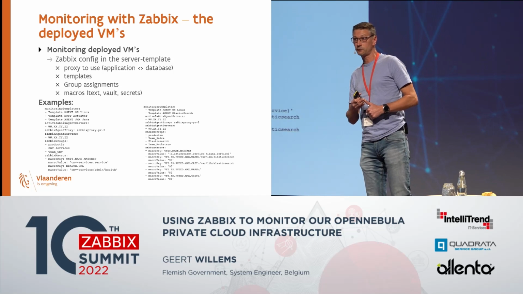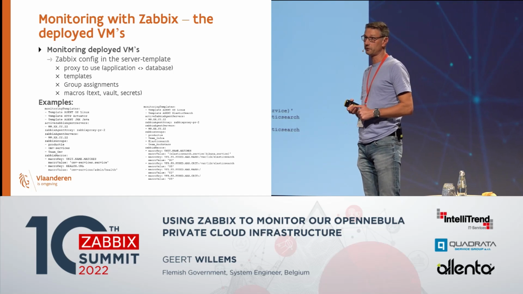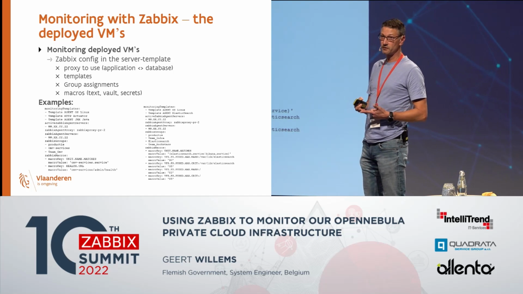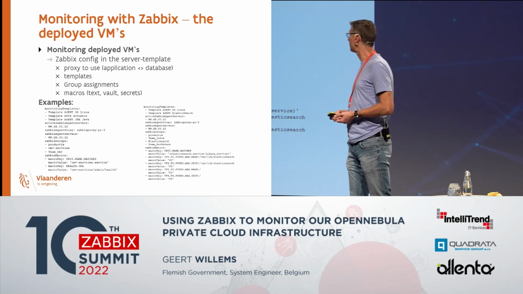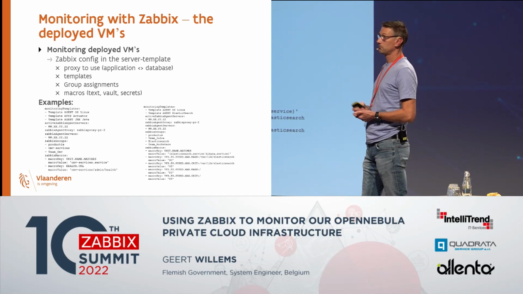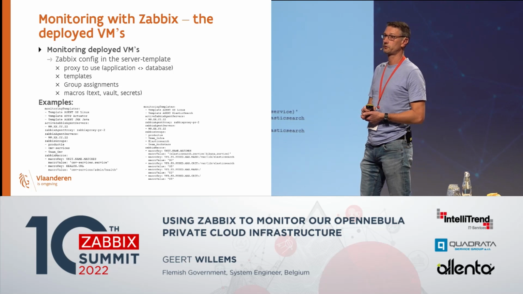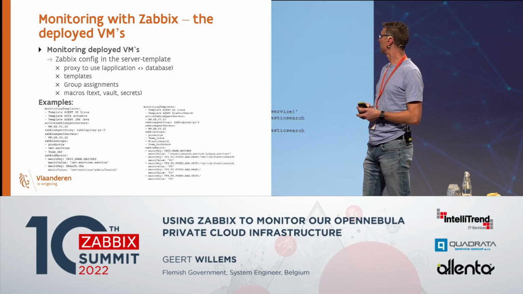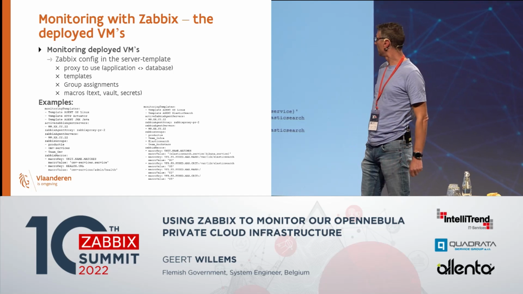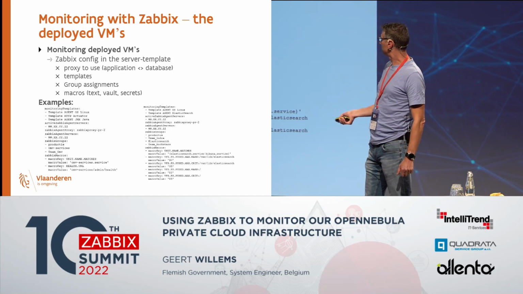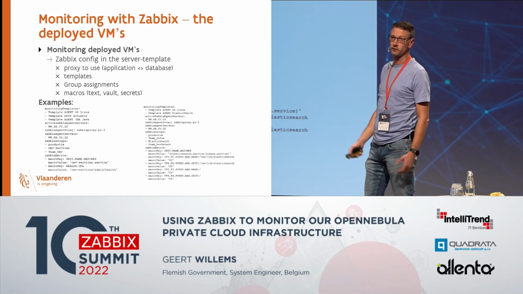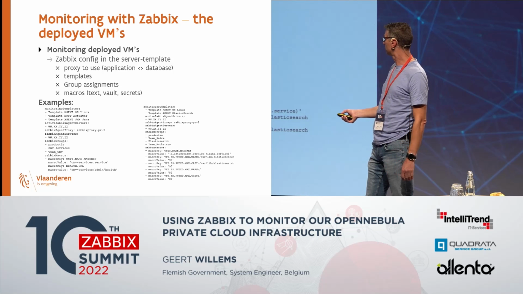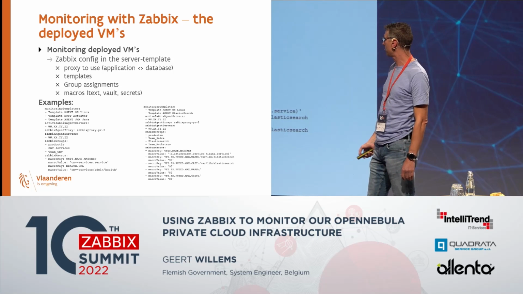Then the templates that should be used in order to monitor the VM, the group assignments, could be infra team, could be development team, and so on. And we use macros, texts, vault secrets. On the left side, an example of a configuration for one specific application using the JMX Java.